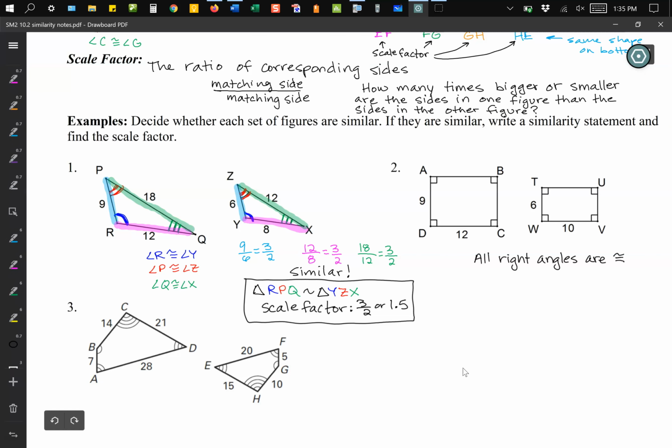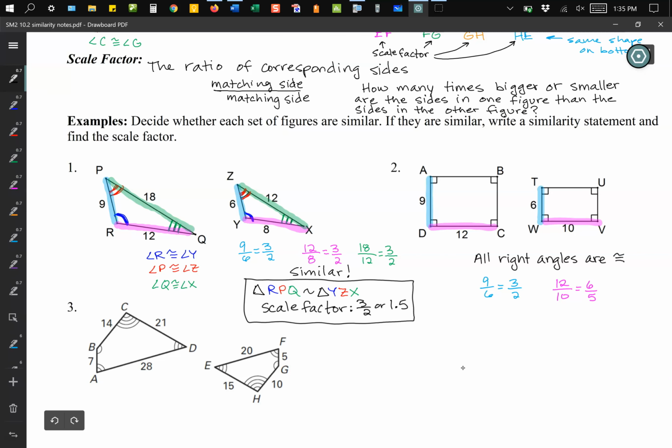Let's do the shorter side of the rectangle divided by the shorter side. So I have 9/6, which is 3/2. Boy, I really like 3/2 today, apparently. And the longer side over the longer side is 12/10. Well, those can both be divided by 2. That gives me 6/5.